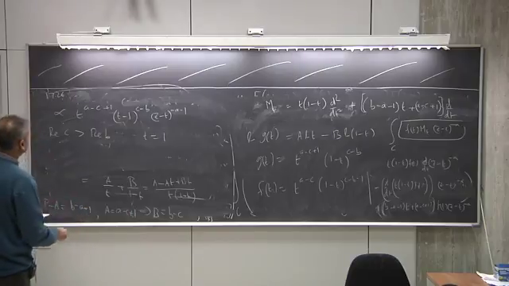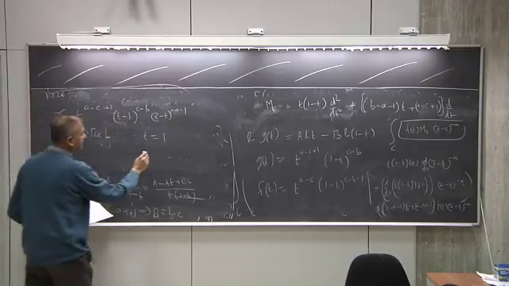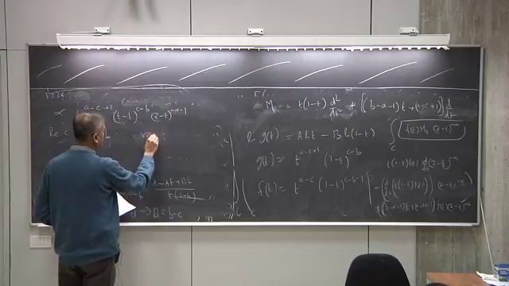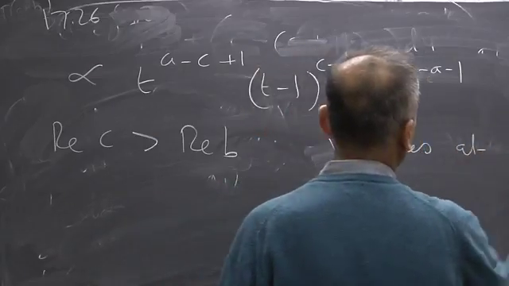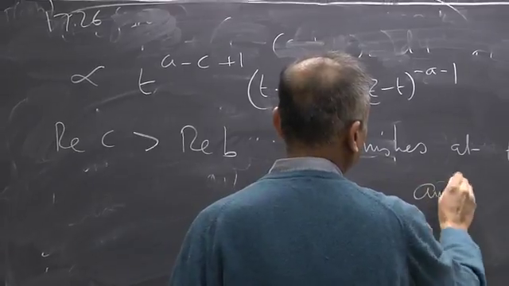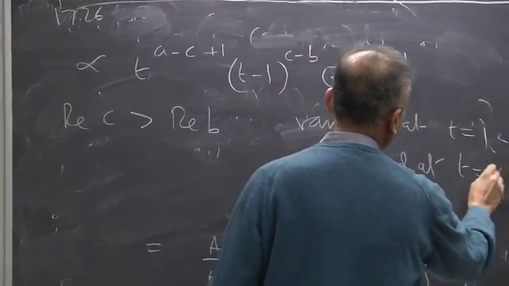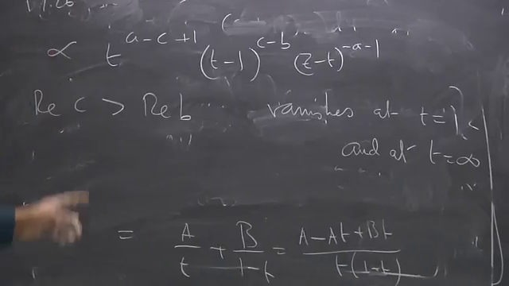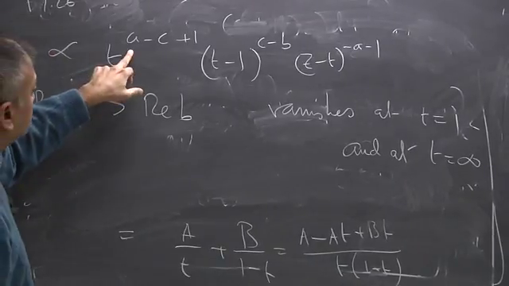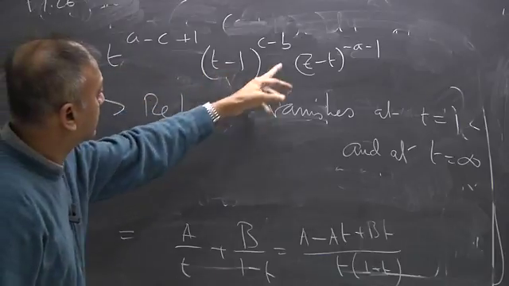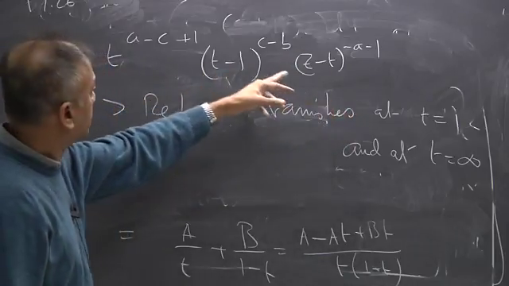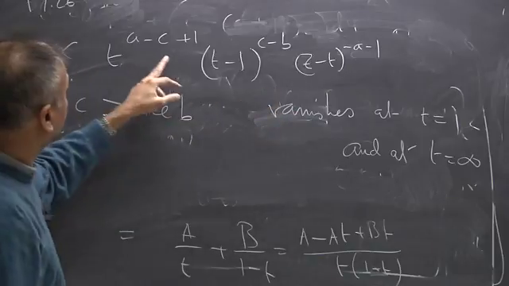And also you can show that this vanishes at t equal to infinity. To go to t equal to infinity, you can just look at the leading behavior. You can ignore that, and then just multiply all of that together.